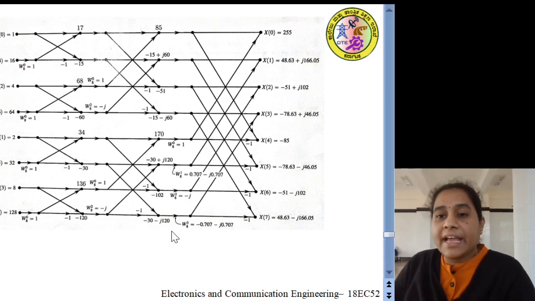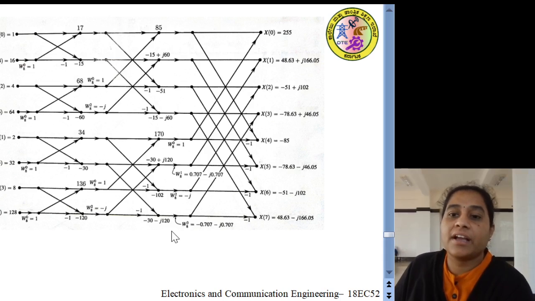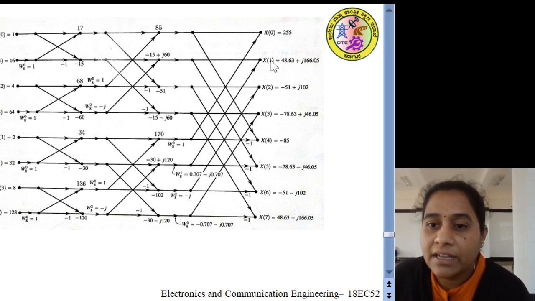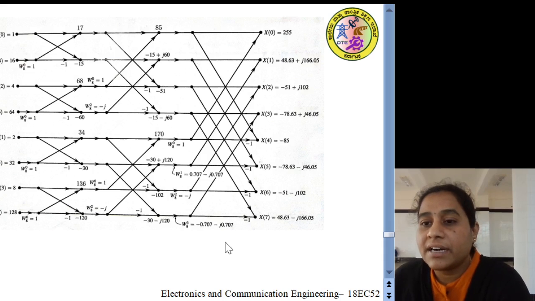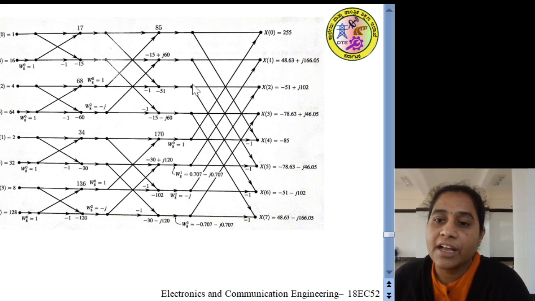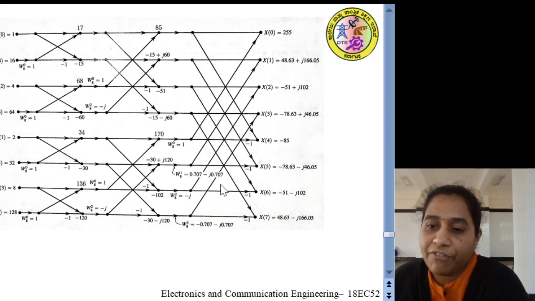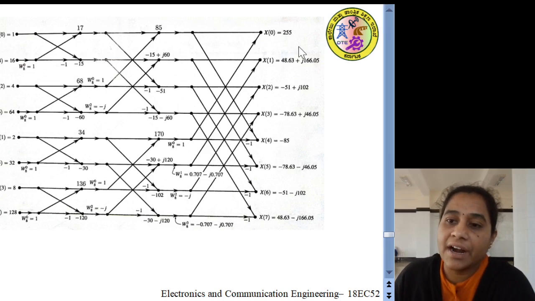So we have to take this output of the second stage computation as input to the third stage, or last stage, of the computation. After performing the third stage computation, the final output we obtain is in natural order.